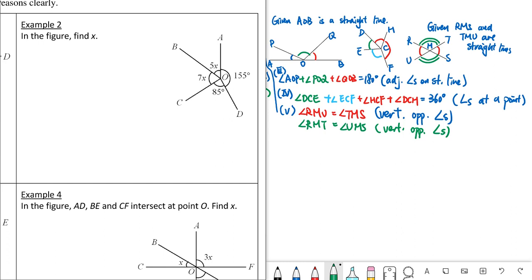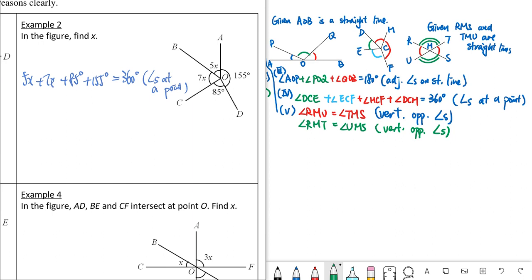Therefore, maybe I don't need to call the name of the angles. We can simply write that 5x plus 7x plus 85 degrees plus 155 degrees will equal rotating around over here, that is 360 degrees, that is a round angle. And then the reason name we call it angles at a point.